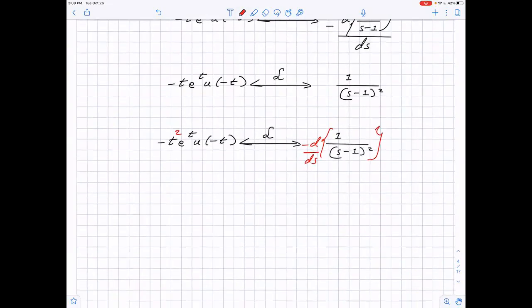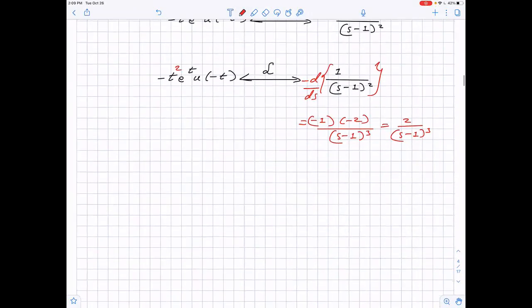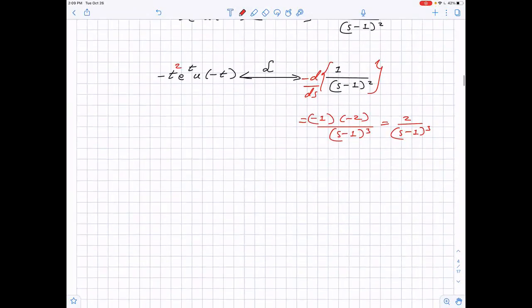If I do this derivative, I have a negative sign, so I get negative 2 divided by s minus 1 cubed, equals 2 over s minus 1 cubed. So negative t squared e to the t u of minus t has Laplace transform of 2 divided by s minus 1 cubed.